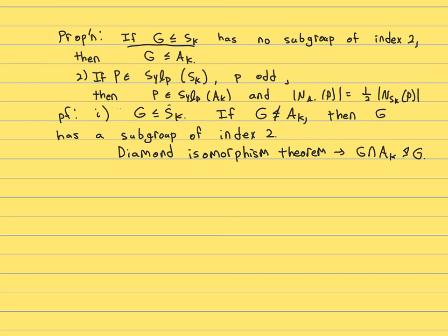Why? Because of course G mod G intersect A_k is isomorphic to G A_k mod A_k, but G times A_k is obviously S_k, and that's C2.